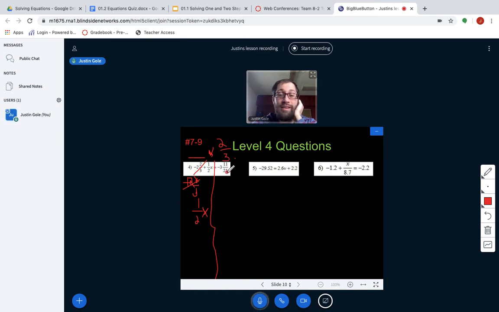I have to look for my least common denominator. I have to multiply this by 7 over 7 because I want both of them to have 21 on the bottom. And I'm going to get 14 over 21 on the bottom, right? Isn't that what we're going to get on the bottom now? 14 over 21.